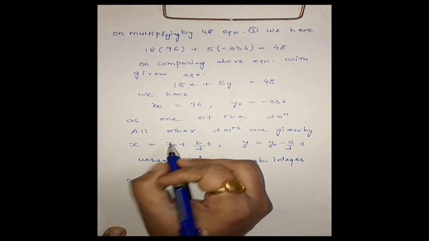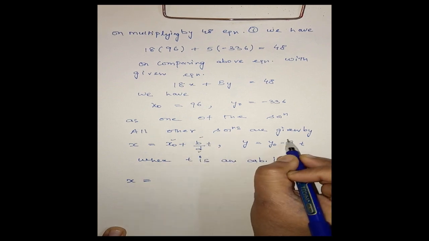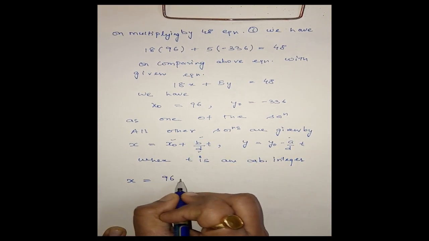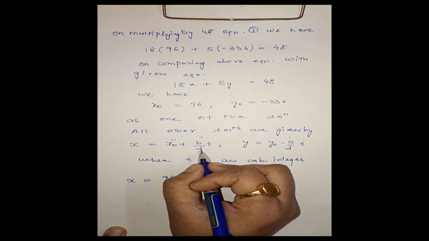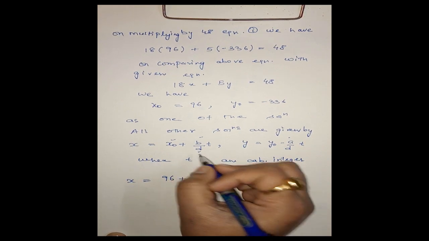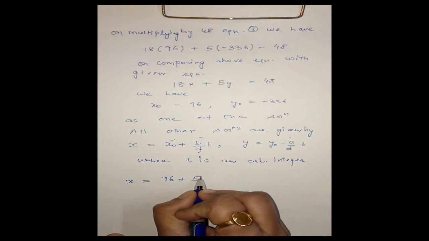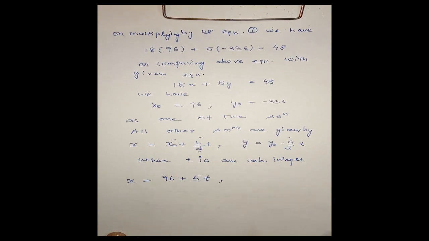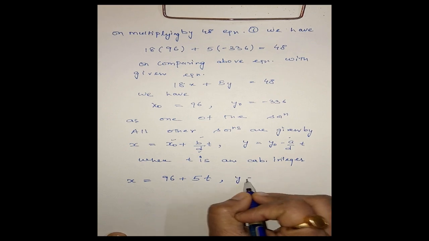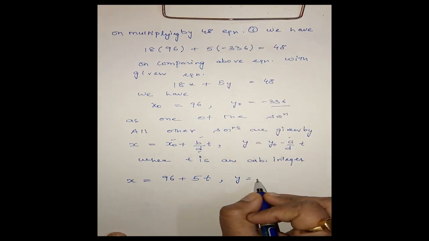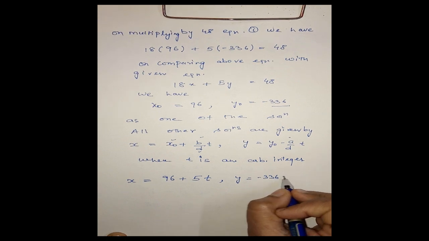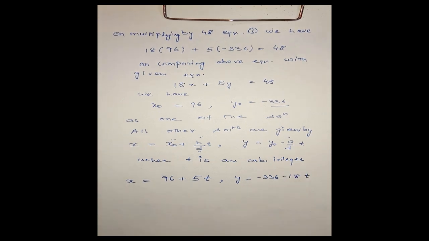Now substituting the values of x naught, b, d and a: x is equal to 96 plus 5t, since b is 5 and d is 1 here, and y is equal to minus 336 minus 18t. This is the solution. Clear?